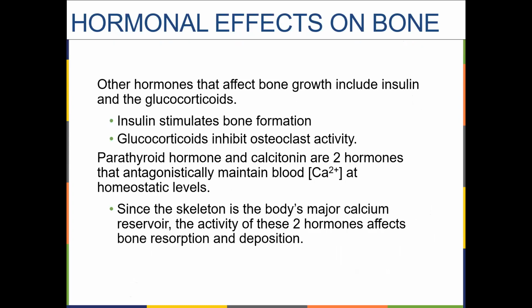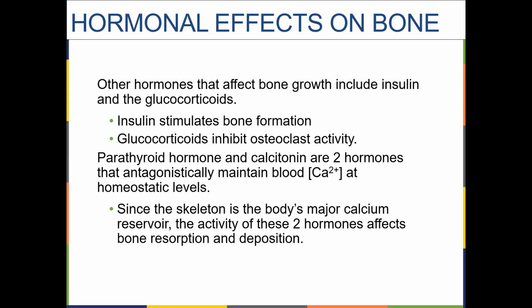So anyway, okay. What else do we need to make bones work? We have to have insulin. And we all thought insulin was nothing but regulating sugar levels. Well, it does, but it also stimulates osteoblast activity. Who knew?